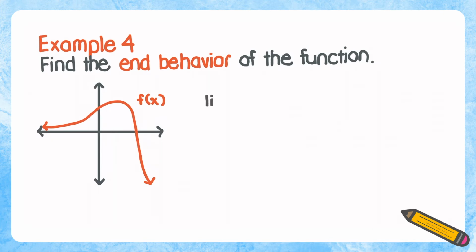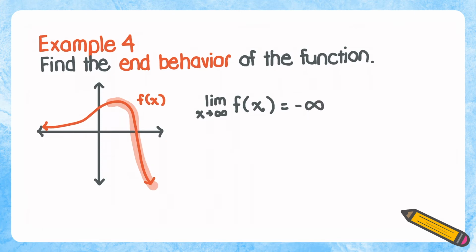So first, what happens as we go to the far right? What's the limit of f of x as x approaches infinity? Well, here, as we go more and more right, we're going in the direction of negative infinity.